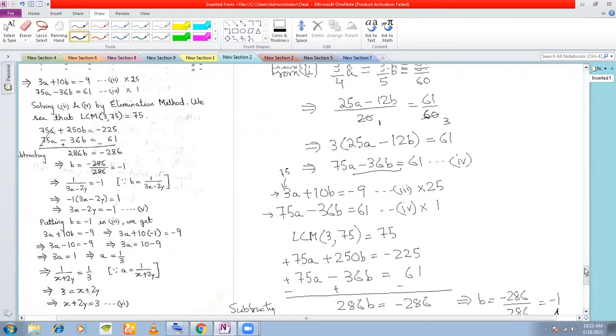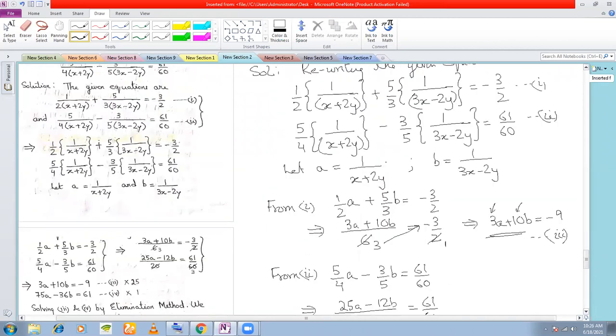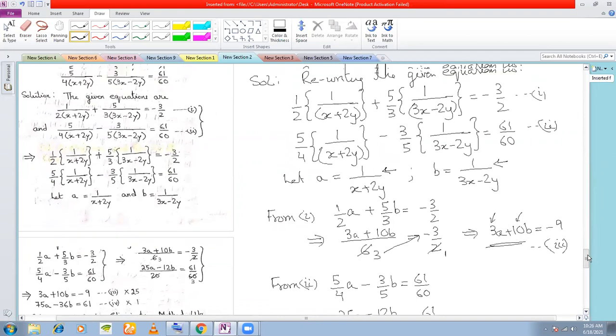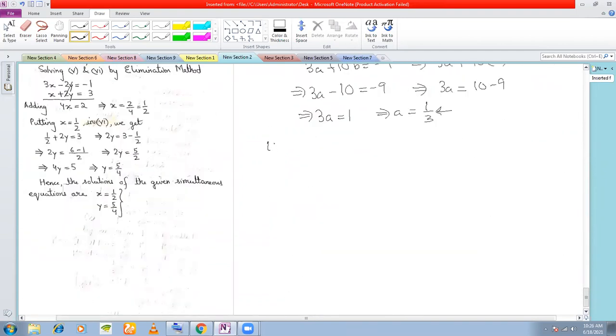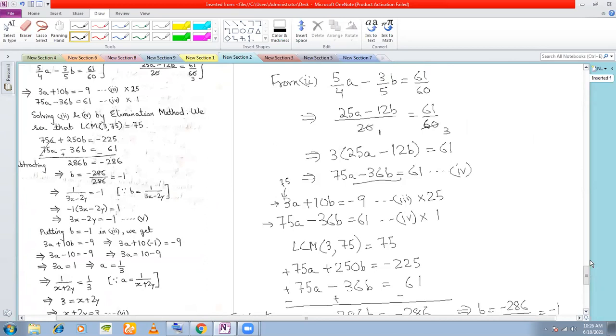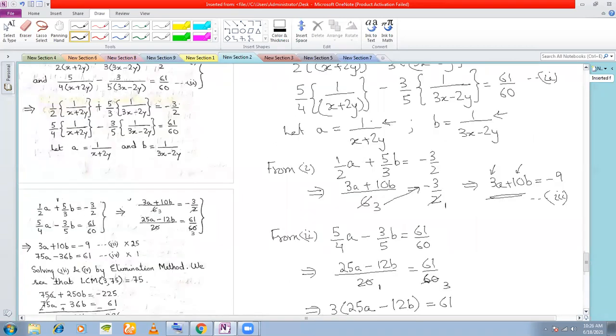Now what had we taken a and b as here? We had taken a as 1 by x plus 2y. We had taken b as 1 by 3x minus 2y. So we again put the values here. So we have a is equal to 1 by x plus 2y.